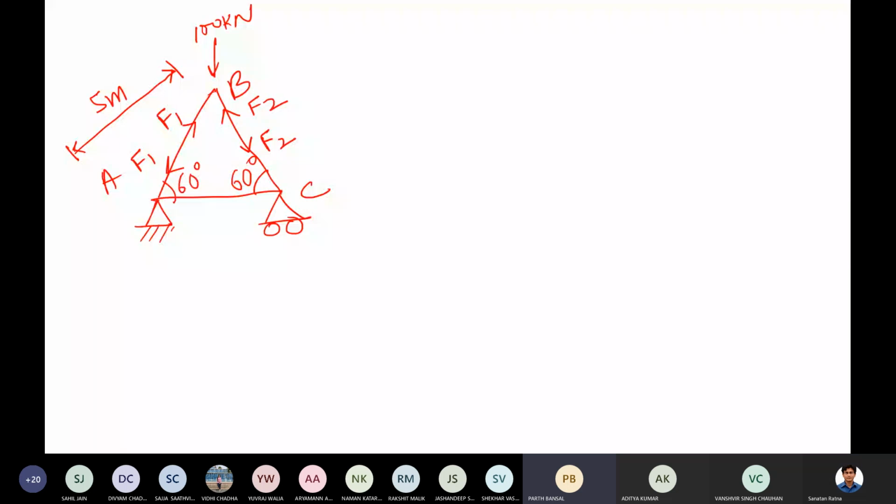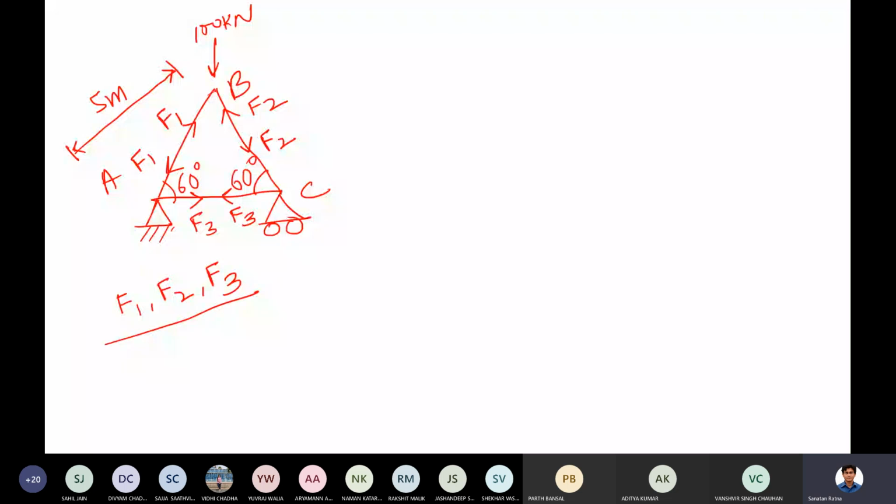So here the direction of the arrows of the stress, inward or outward? Inward. Okay, so something like this. Is that okay? Now, our next aim is to determine the values of F1, F2, and F3. Did you understand?